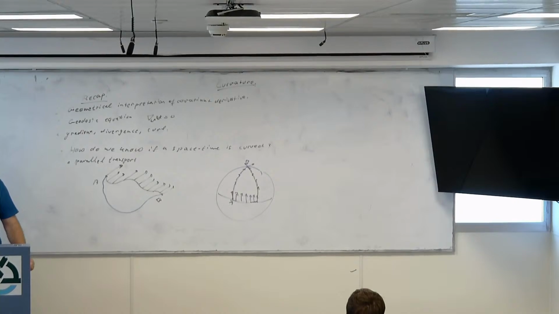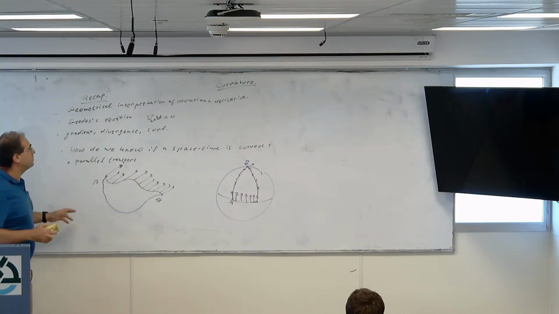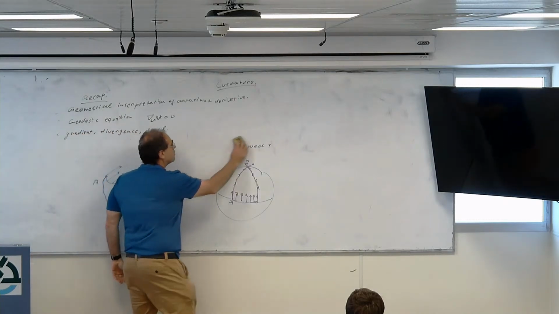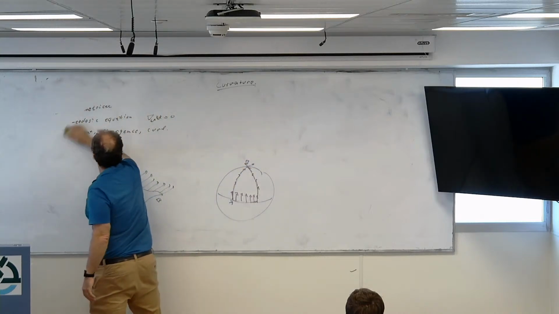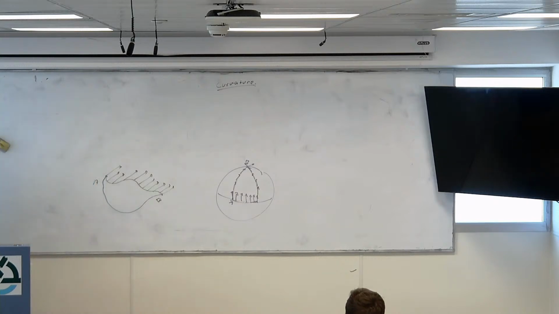Okay. So if there are no further questions, everything clear? So now let's do a proper definition. How do we say that the vector is parallel transported?